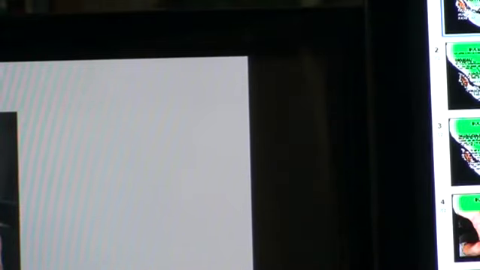Let's see. It's not shown now. View. First, I'm going to do view. Where's the view? Normal, maybe. No, I wanted to go to notes.